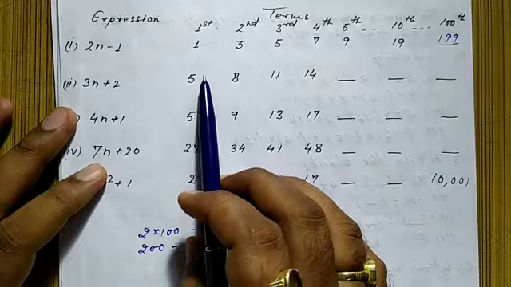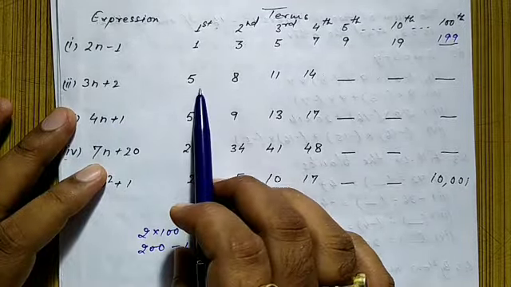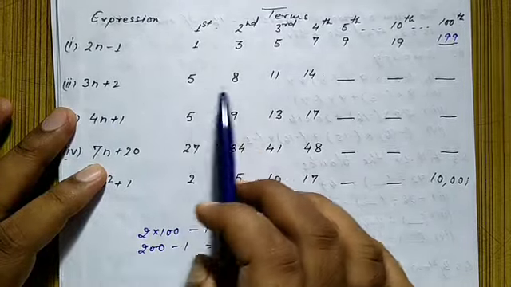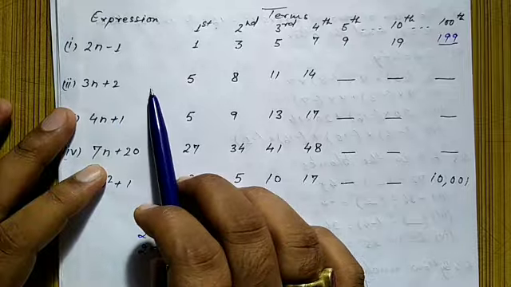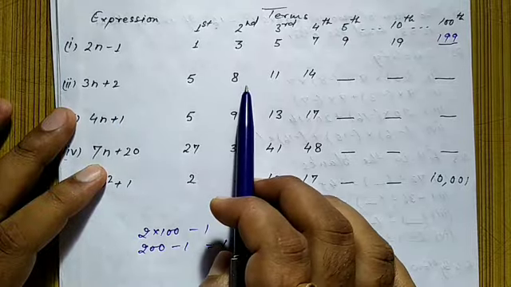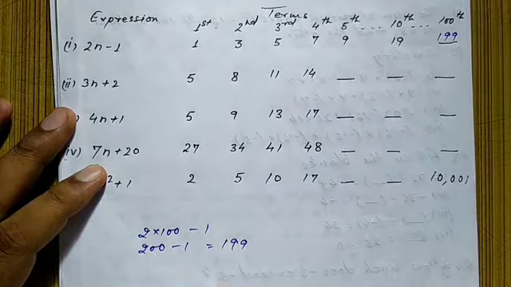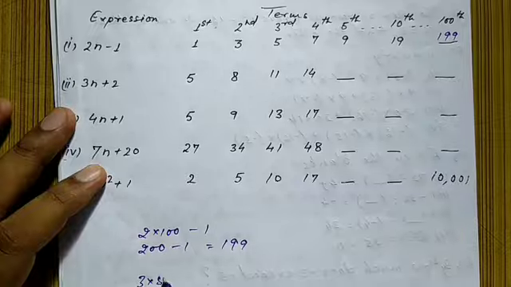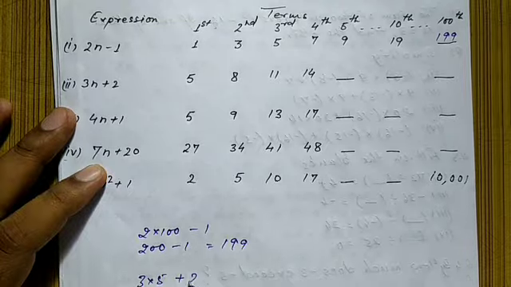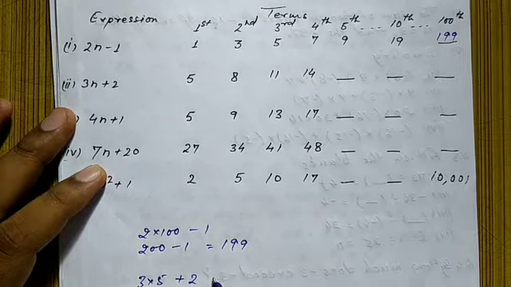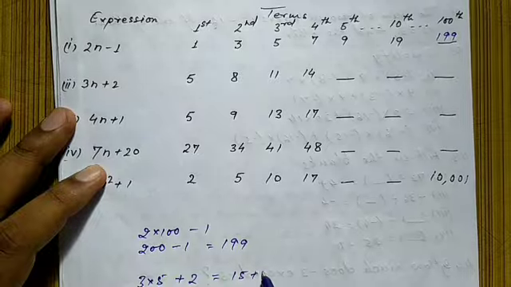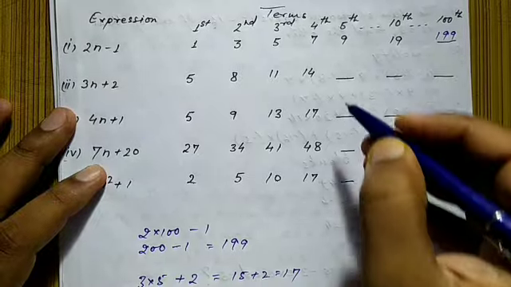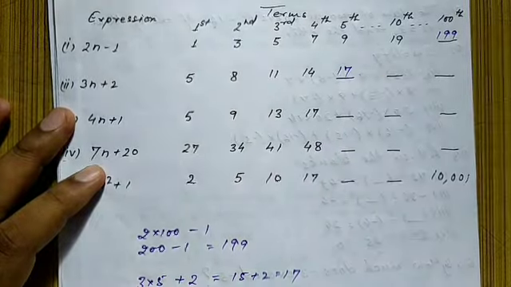Now see this pattern, n is equal to 1, then first term is 5. If n is equal to 2, 3 twos are 6 plus 2, 8, so the second term is 8. Now fifth term, 3 into 5 plus 2, that is 15 plus 2, that is 17. So here the answer is 17.